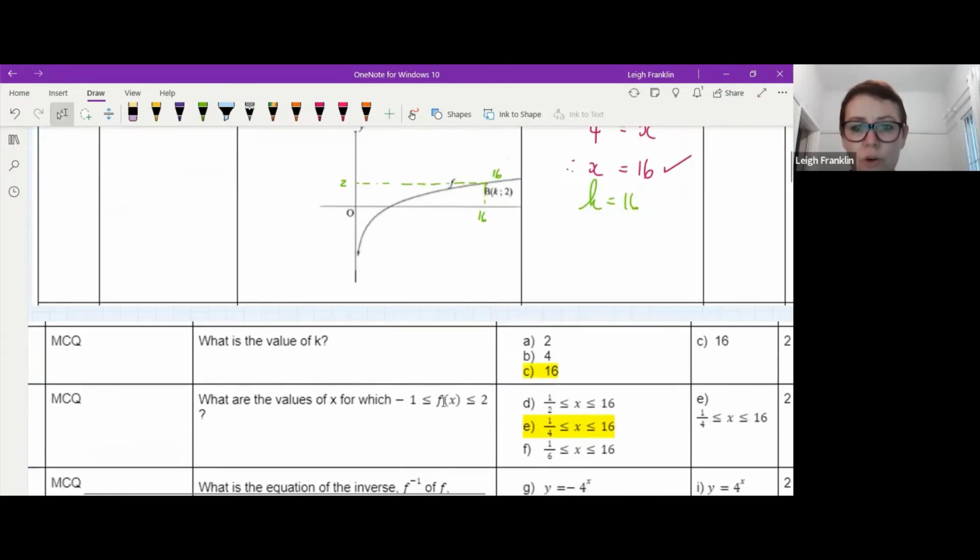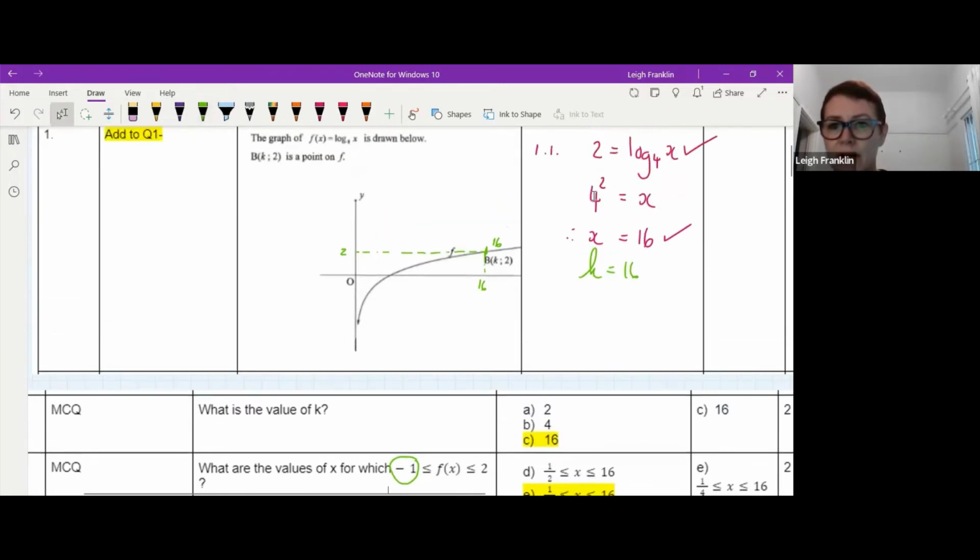So we already know where y is smaller than or equal to 2, because we know that when x is a number that is smaller than 16, y is going to be smaller than or equal to 2. So essentially what we need to do now is work out where it is going to be equal to -1. Similar story to the first question, you would have taken -1 and allowed that to be equal to log base 4 of x.